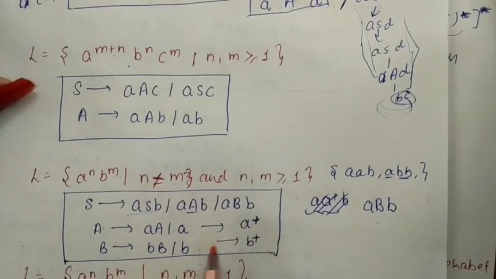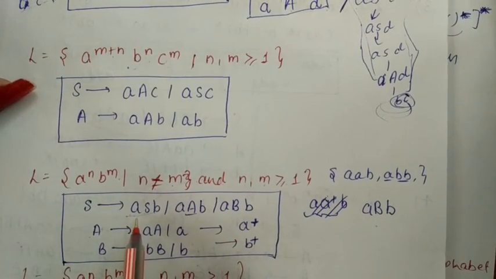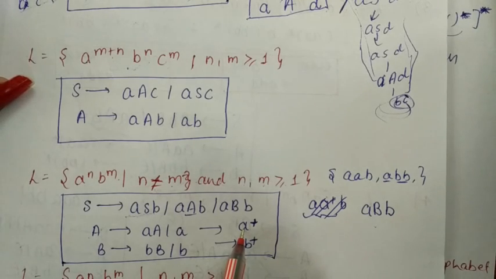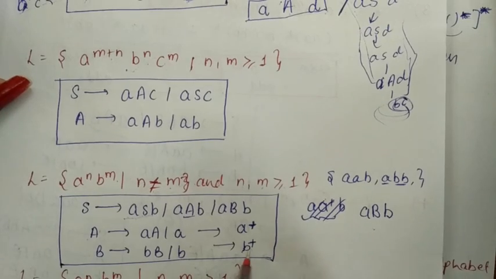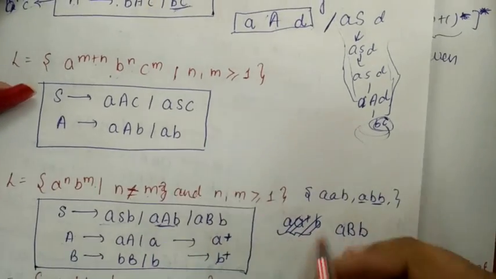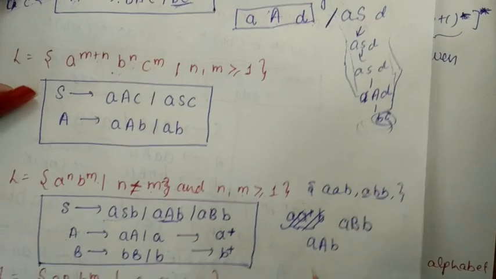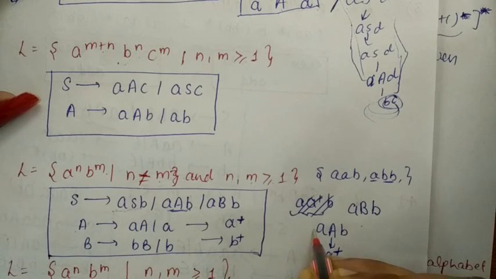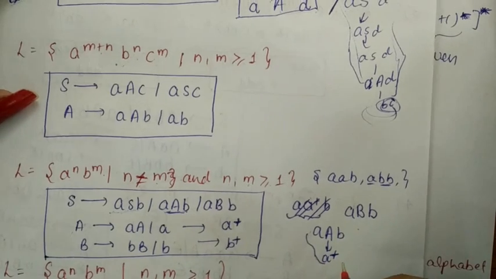For this problem, we can generate any number of a by this expression, and we can generate any number of b's by this grammar. If we write this grammar for a and b, and replace this a by a plus, it will always generate more number of a's.